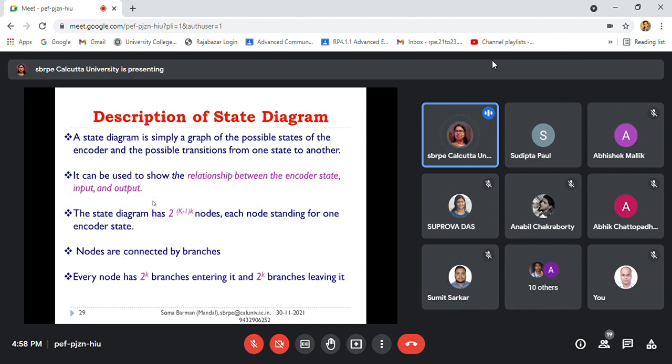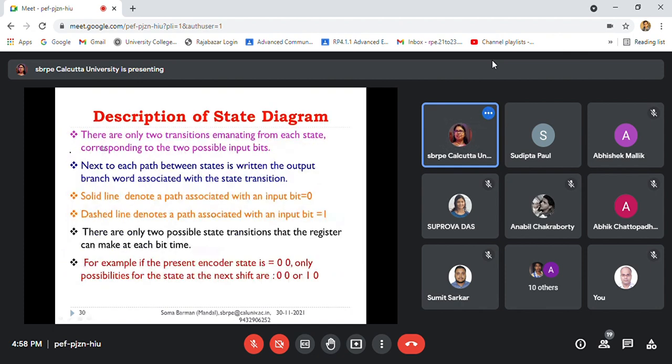Okay, so this is given that there are only two transitions emanating from each state corresponding to the two possible input bits. Next to each path between the states is written the output branch word associated with the state transition.